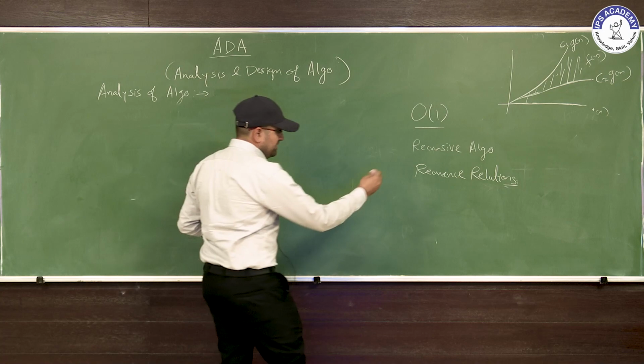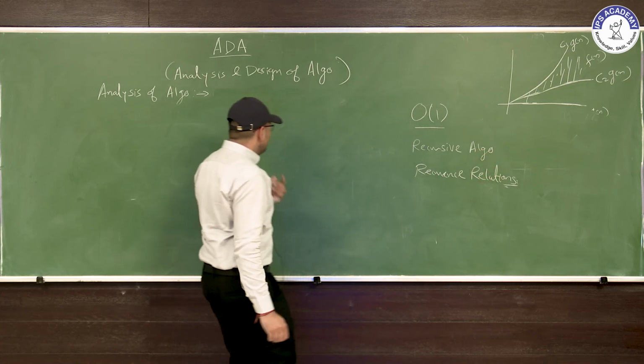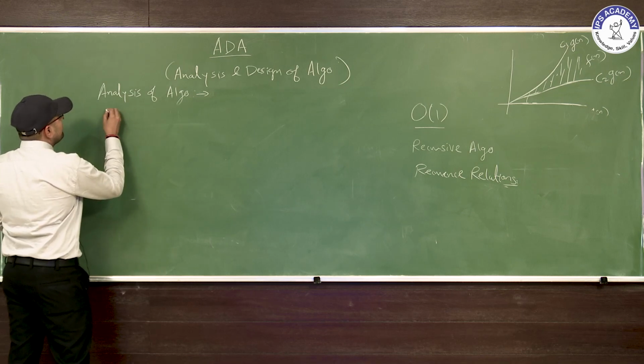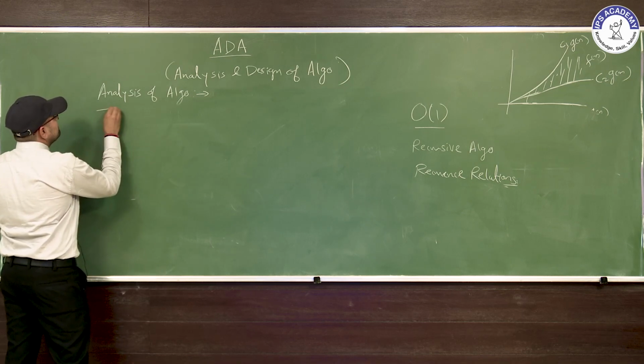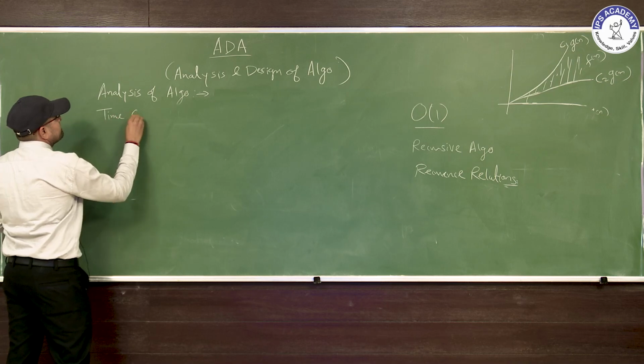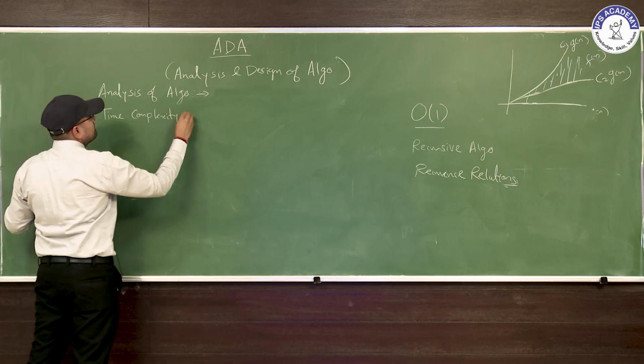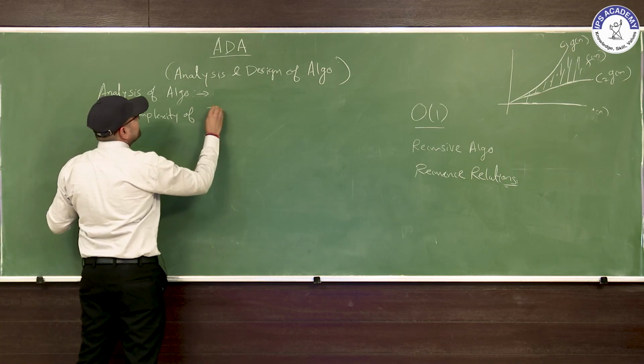We are not going in detail with the recursive algorithm. We are going in detail with the iterative algorithm. Now the topic is how to find out the time complexity of an iterative algorithm.